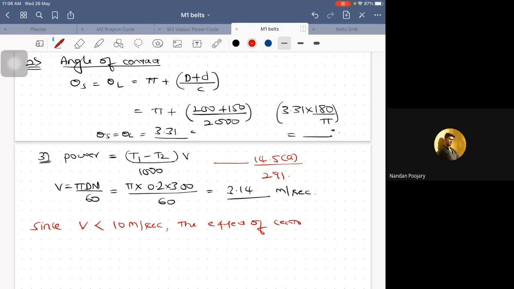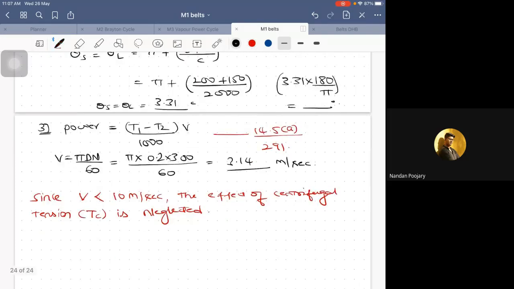centrifugal tension, which is T to the suffix C, is neglected. Then the maximum tension he has given in the problem, isn't it?